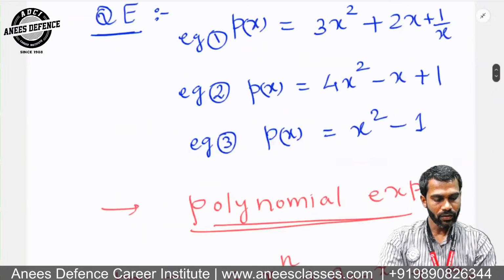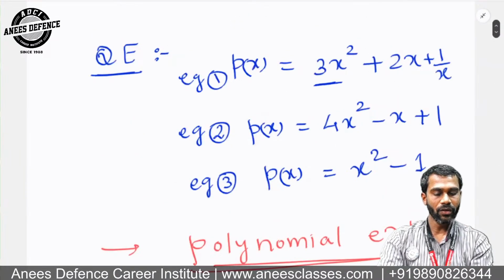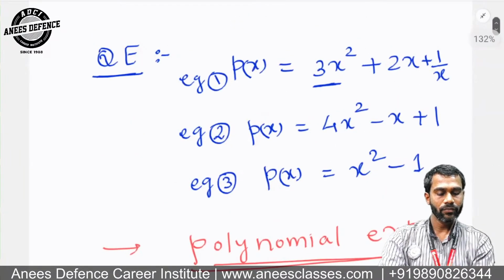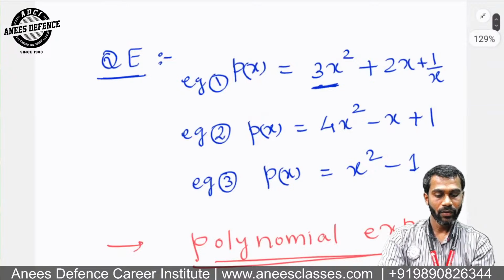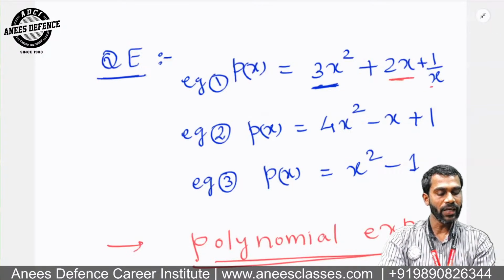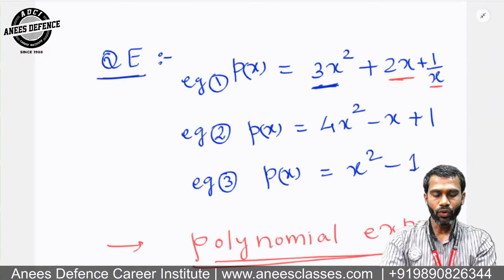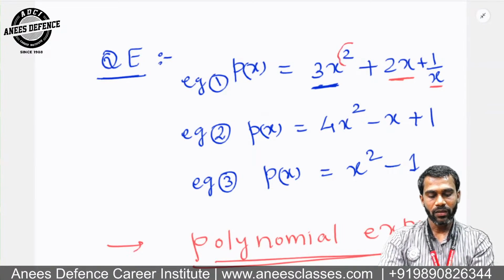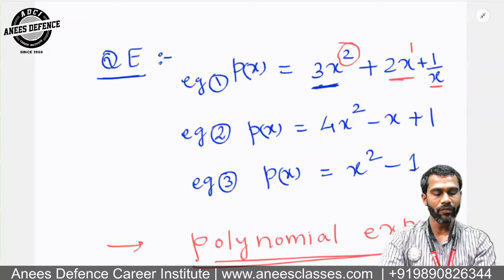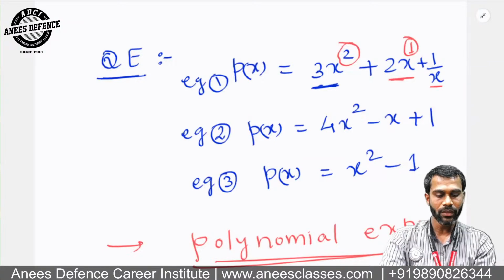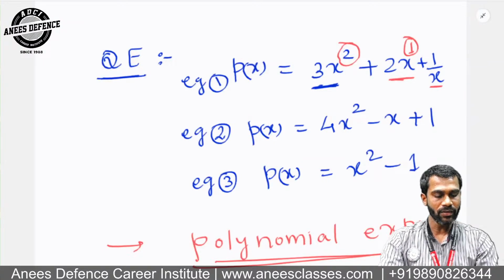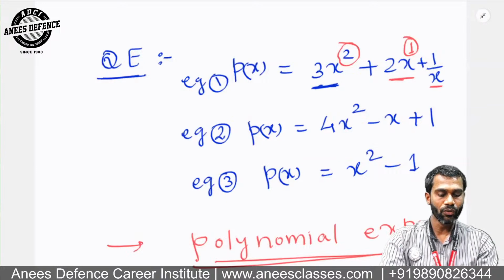So if you see here, in this expression, we have 3x square, right? Here 2x, and this is x raised to minus 1. So we don't have any problem in the first two terms, yes or no? As you can see, this is power 2, this is power 1. Both are whole numbers. But here 1 by x can be written as x raised to minus 1. Yes or no?